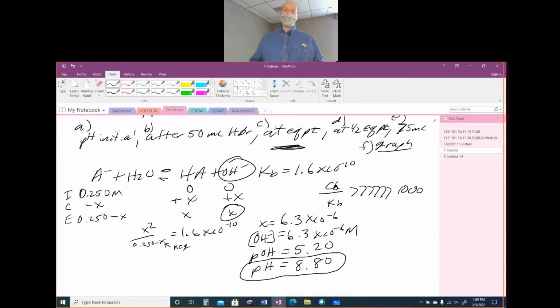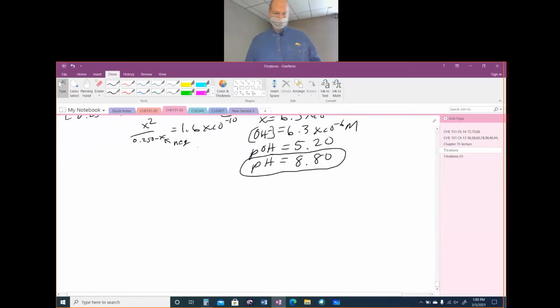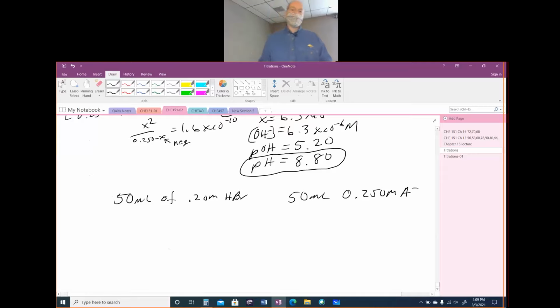So now we're going to add some HBr. The pH is going to come down. All right, we're going to add 50 mL of our HBr. So we're going to have 50 mL of 0.20 molar HBr added to our 50 mL of our 0.250 molar A minus.